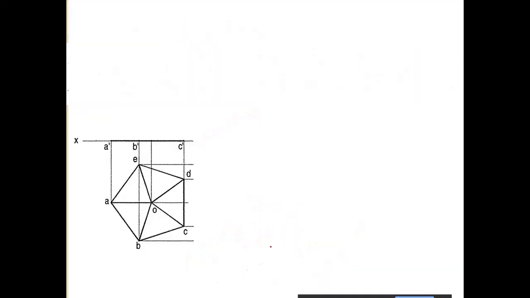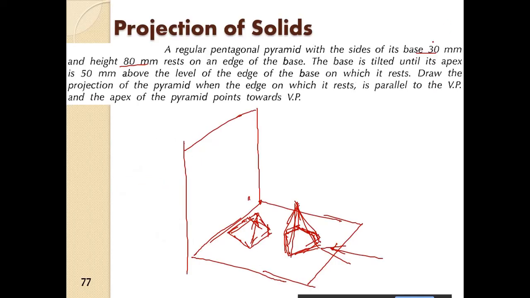So this is the top view, and this is the pentagonal pyramid over here. This is step 1. The sides of the base are 30 mm, these are 30 mm, and then we project it up and we get the pyramid on top, which is 80 mm.